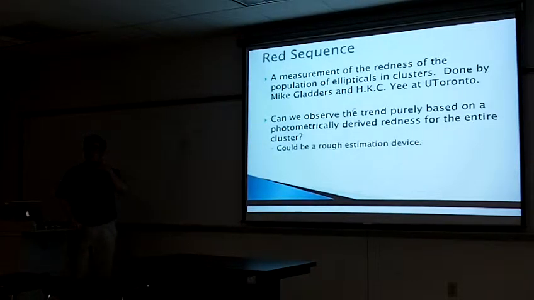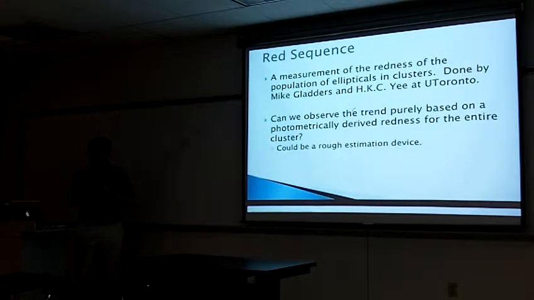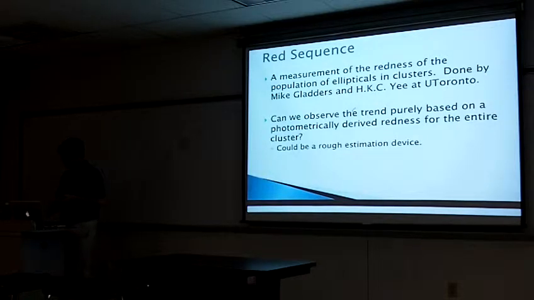And I have a graph on the next slide that will be showing that to you. So my science question was, okay, since I have this total redness of the cluster, is it possible to use this red sequence with a sample of clusters at different redshifts, and see if that total redness actually changes as predicted on this next graph.